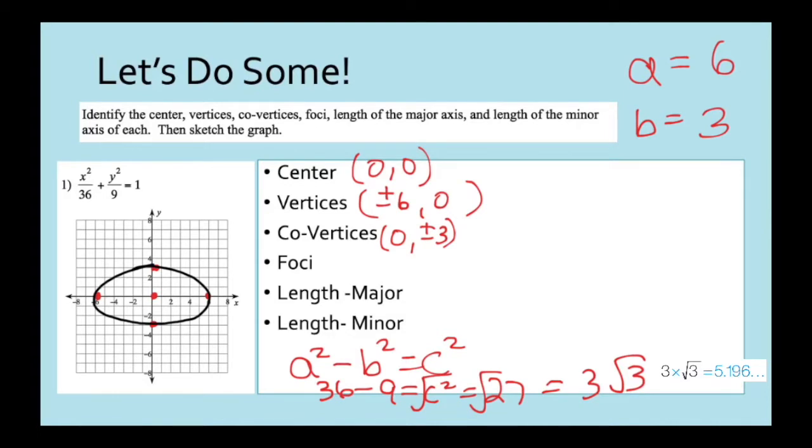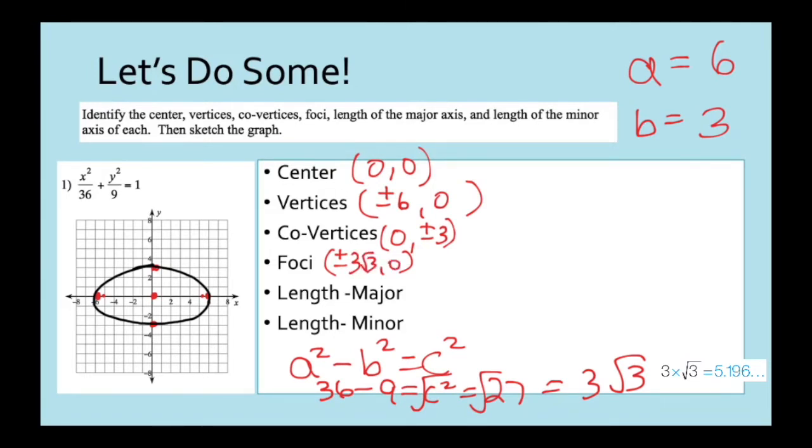So I'm going to come out here and put a dot on about 5.2. It's pretty little in there because I can't go very far past the 5 for 5.2. All right, so the foci here, let's find the ordered pair that represents the foci. It's on the x-axis, and we went out both directions. We went out plus or minus 3 radical 3, 0.